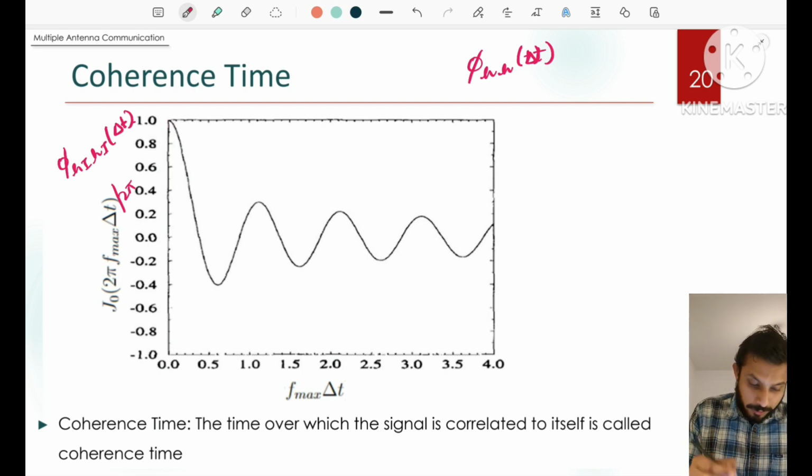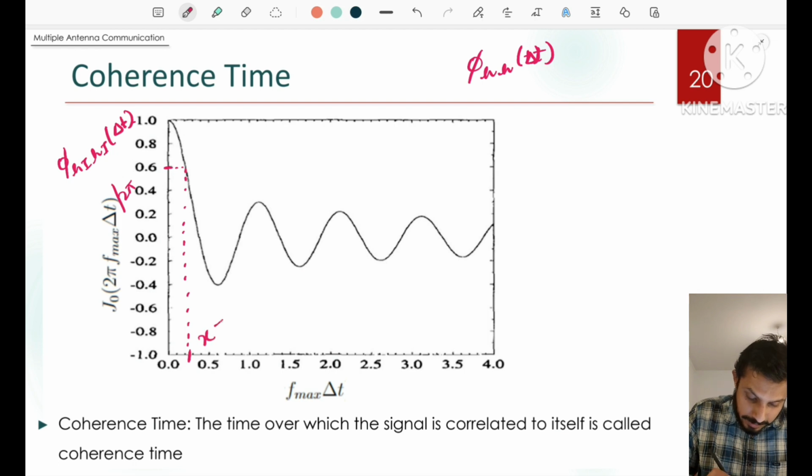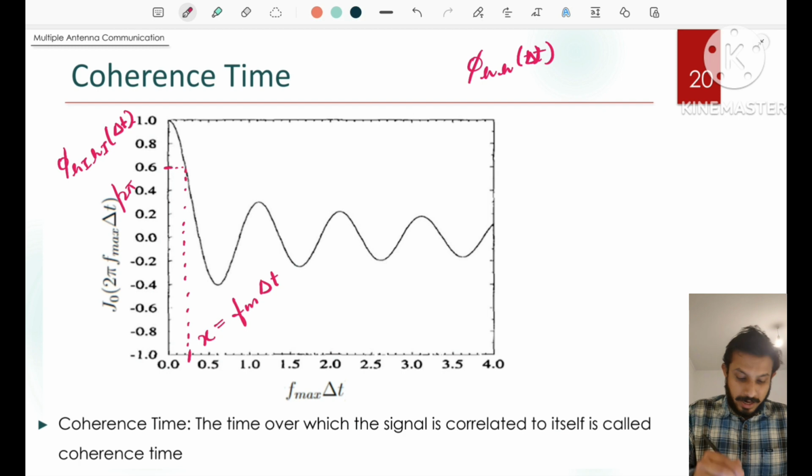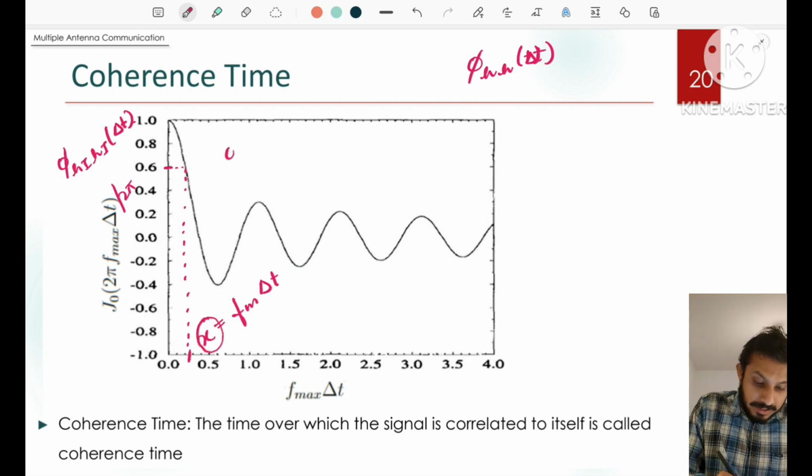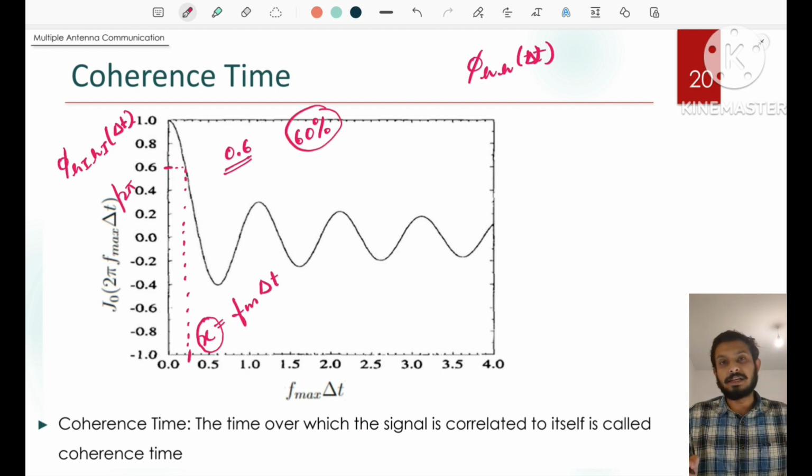So in this figure, what we can see is, let's say this value is 0.6. This 0.6 is obtained for a value x equal to Fm delta t. And we can say that at this x, the channel is 0.6 correlated to itself, or you can say the channel is 60% correlated to itself.